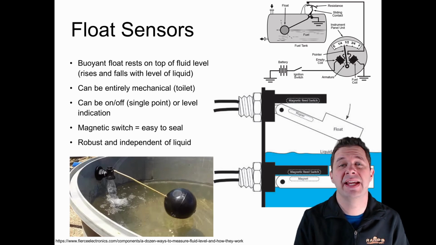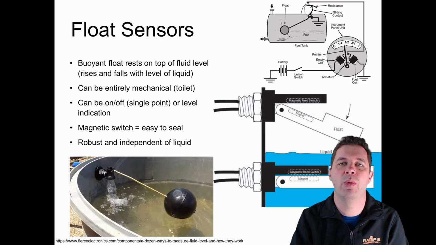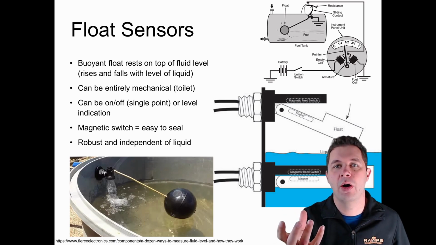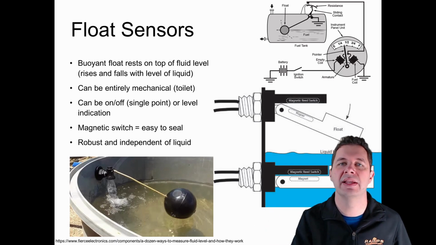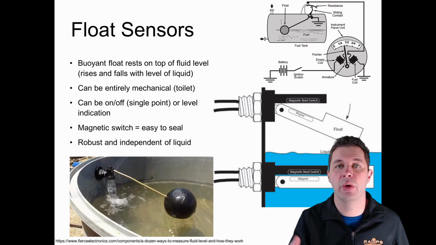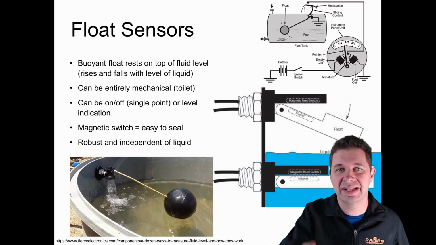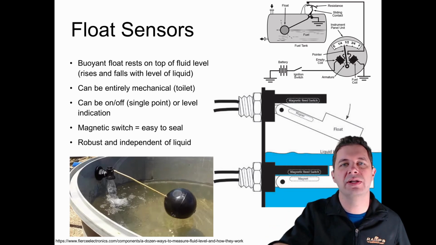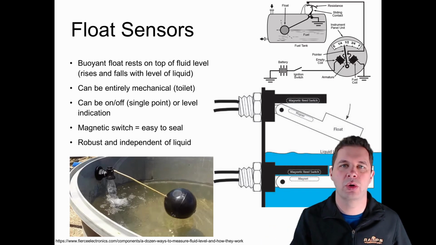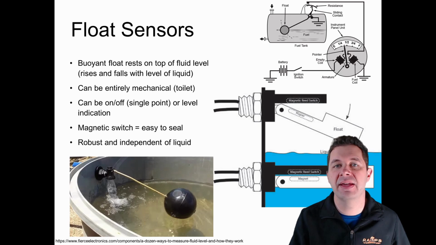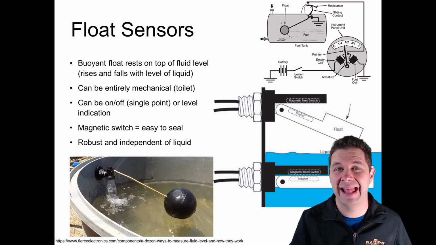Our next type of level sensors are float sensors. And basically we've got a float, something that's buoyant, that sits on top of our liquid or fluid that's within our vessel that we're trying to measure. And basically as the liquid or fluid goes down in level, the float will go down, and as it goes up, the float will go up correspondingly. Now, these can be of an entirely mechanical nature.